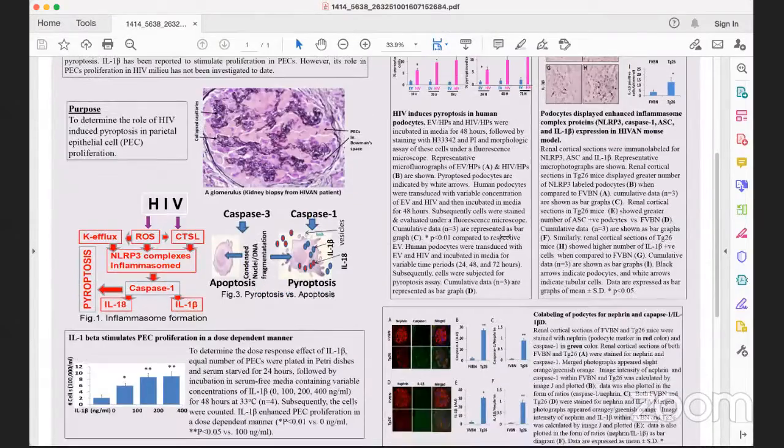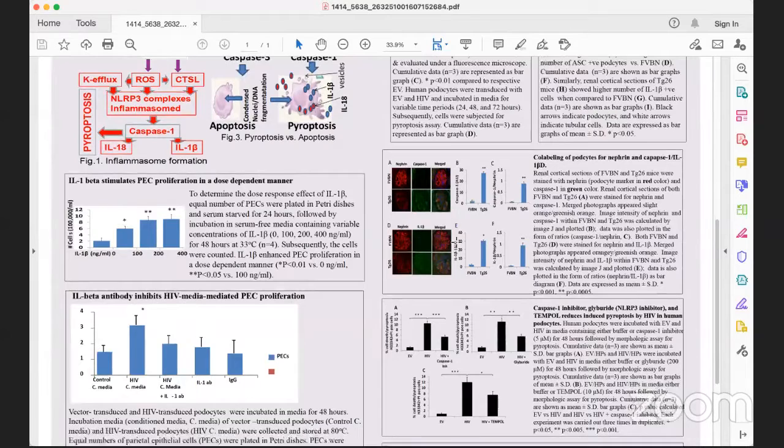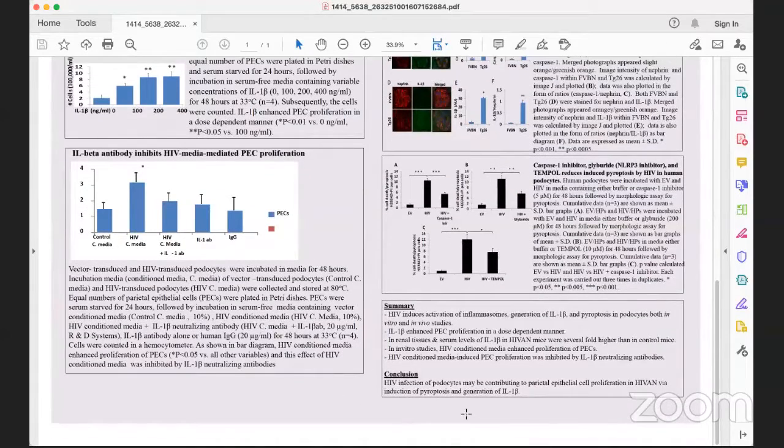Then we confirmed that by co-labeling with nephrin and caspase-1, and then we conducted merged studies showing that in FABN mice you can see the podocyte markers and then you cannot see them in TG26, showing that there is a crosstalk between IL-1 beta in PECs and podocytes. In summary, we concluded that HIV infection of podocytes contributes to parietal epithelial cell proliferation via induction of pyroptosis and generation of IL-1 beta. Thank you.